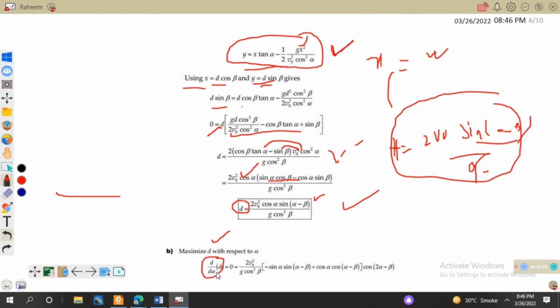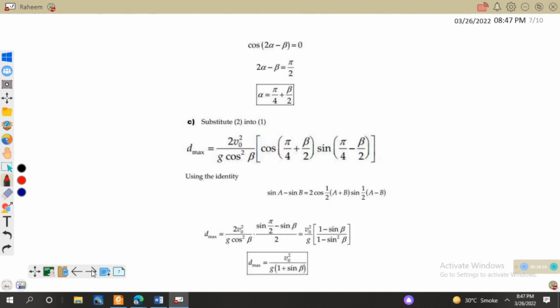So if we take the derivative of d with respect to alpha, we will definitely have to use the product rule of differentiation: first term times derivative of second, plus second term times derivative of first. This equals 0, because we are seeking the maximizing condition. At maximum our rate of change is 0.